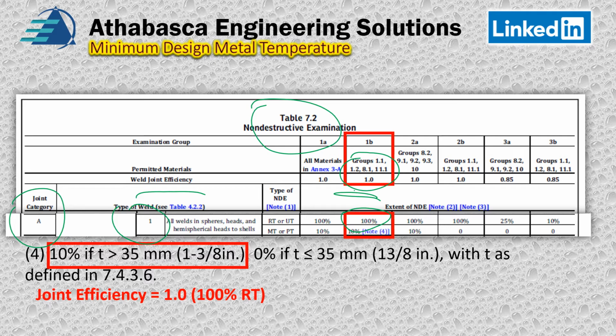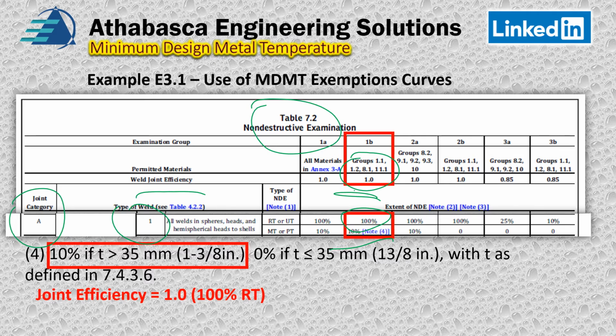Also for Section 8 Division 2, we have to do 10% magnetic particle, which is usually what's done. The other one is liquid penetrant inspection, mostly done for stainless steels where the material is non-magnetic.